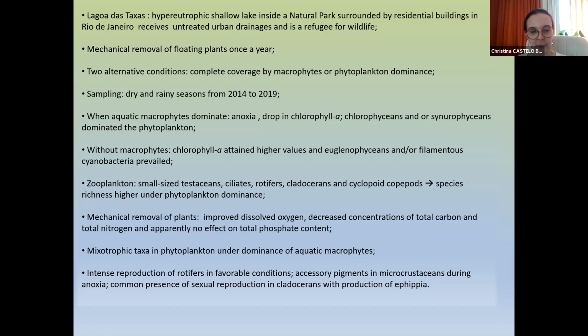Mixotrophic taxa in phytoplankton under dominance of aquatic macrophytes, intense reproduction of rotifers in favorable conditions, accessory pigments in microcrustaceans during anoxia, common presence of reproduction in cladocerans with the production of ephippia.